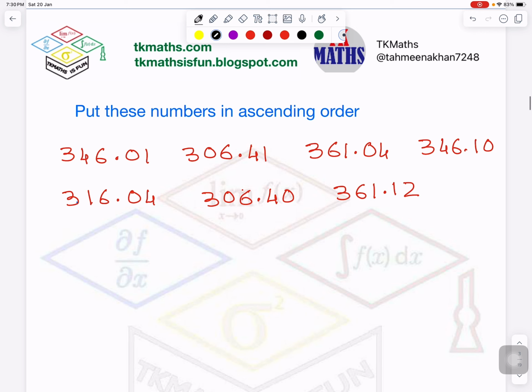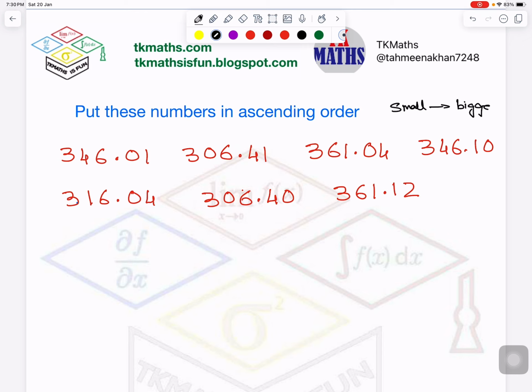So now you have to arrange them in ascending order. I hope you understand the meaning of ascending order. Ascending order means from smaller to bigger, right? So first of all, you have to read the numbers straight away. As whole numbers, there are 3 digits before the decimal.